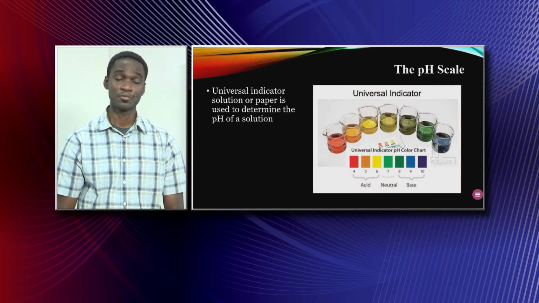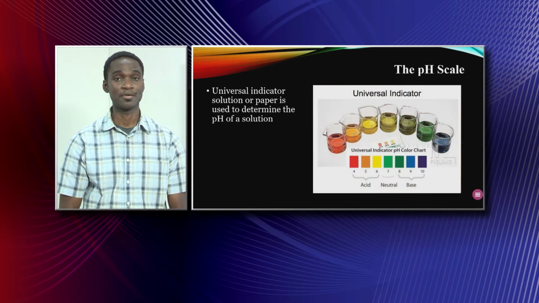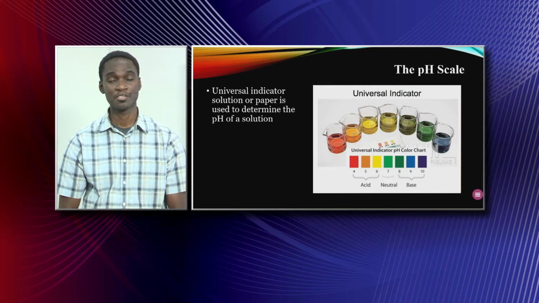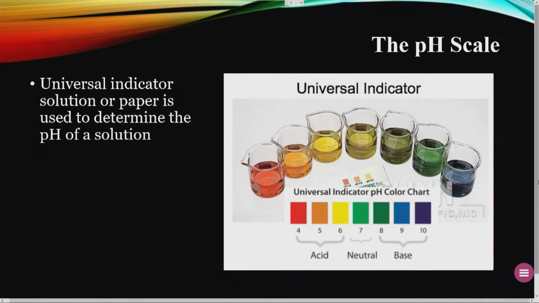To have a better view, we have a variety of solutions with various pH using universal indicator solution to give us a better idea of how it works. Notice that we have a mini scale below where we have acid, neutral, and we have a base, those which are basic.